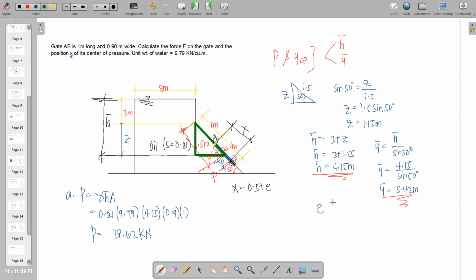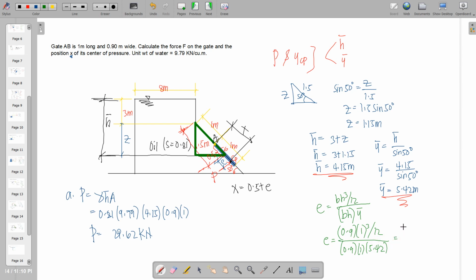Again, by this formula, E is equal to I bar over A Y bar. So E is equal to the base, of course the width, that is 0.9 times the height 1 cubed all over 12, that is 0.9 by 1, and the Y bar computed a while ago was 5.42 meters.